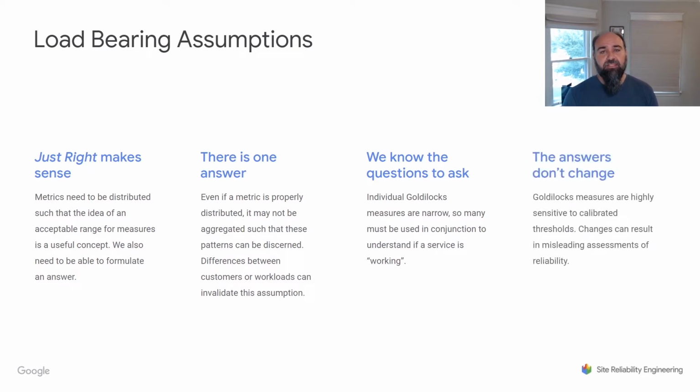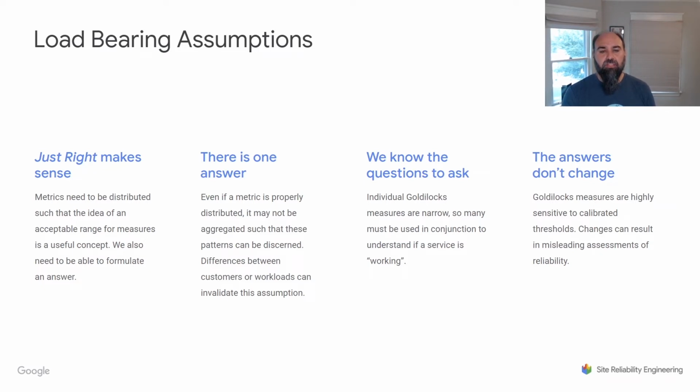And then the last assumption that we make here is that these answers aren't going to change very often, right? So when you have these patterns of behavior, then you end up with lots of complications when things change.